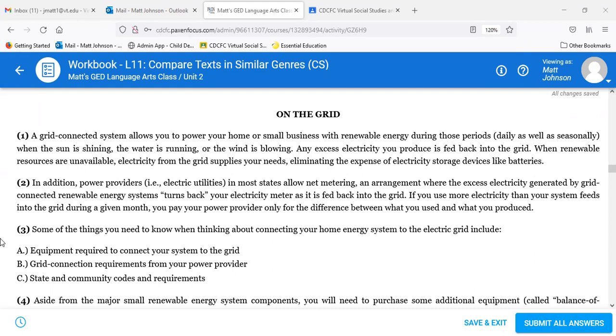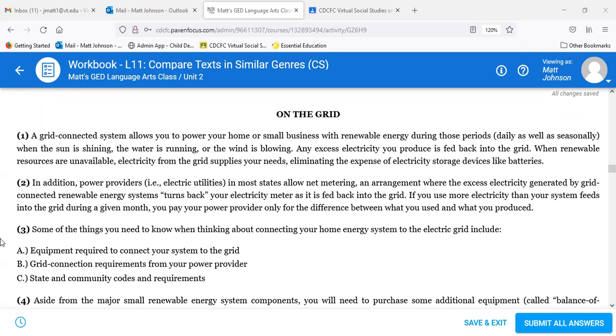If you use more electricity than your system feeds into the grid during a given month, you pay your power provider only for the difference between what you use and what you produced.